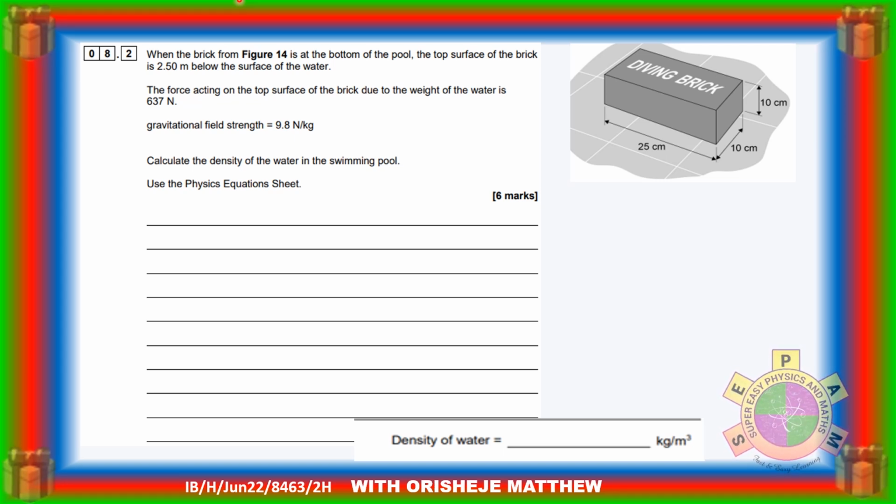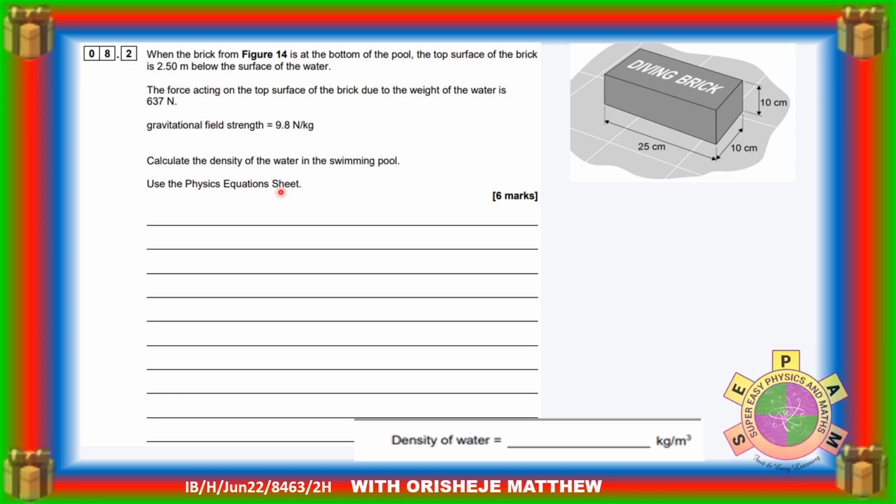The force acting on the surface of the brick due to the weight is 637 Newton. The gravitational field strength is 9.8 Newton per kg. Calculate the density of the water in the swimming pool.